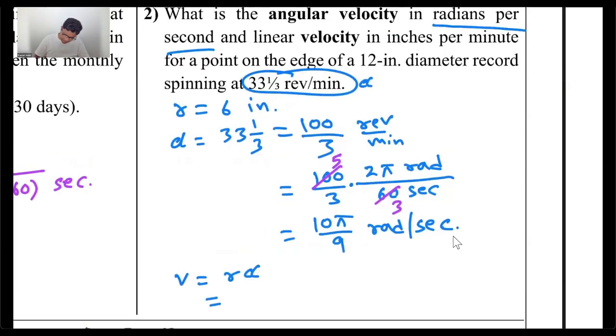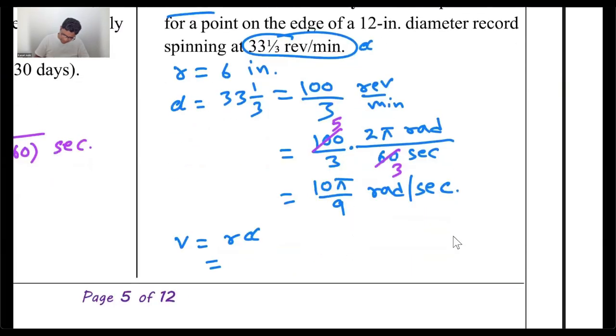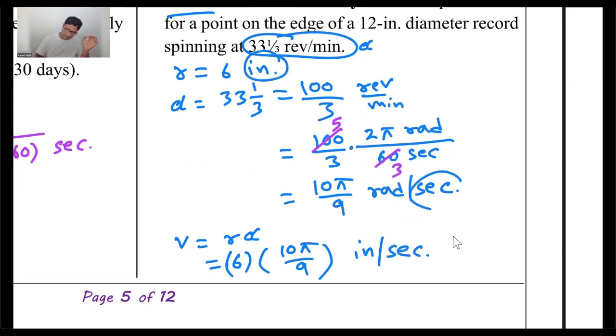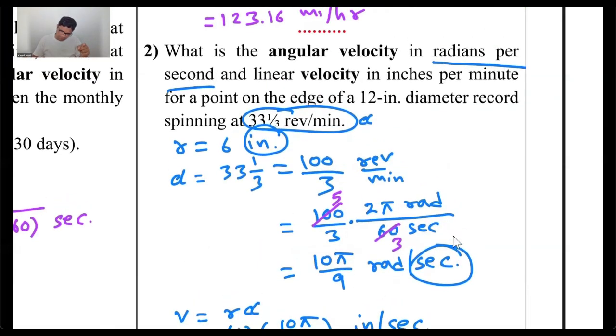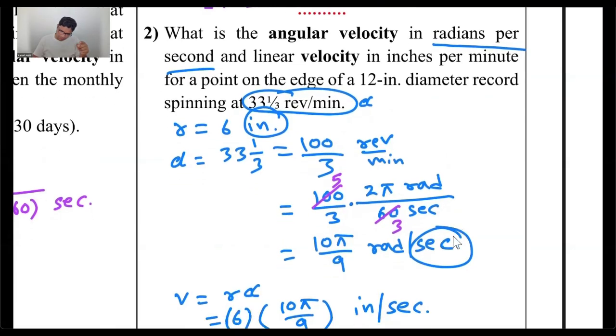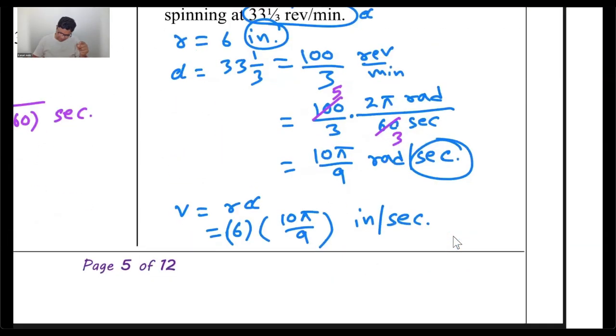And in this case, it will be 6 times 10 pi over 9, R alpha, inches per second. That's where it is coming from. And what do we need to do? Convert it to inches per minute.